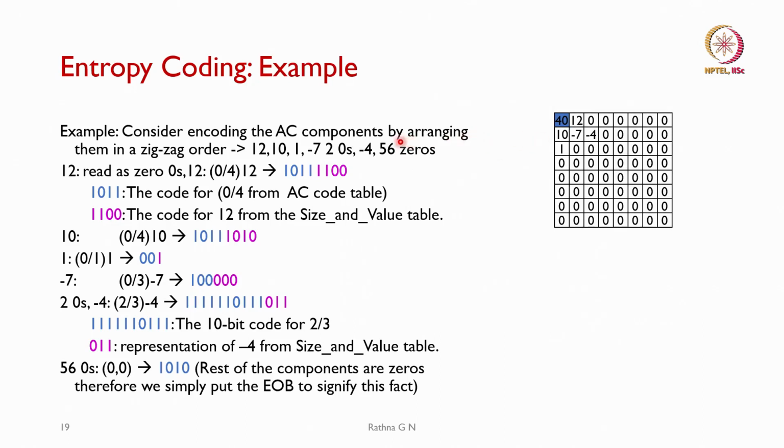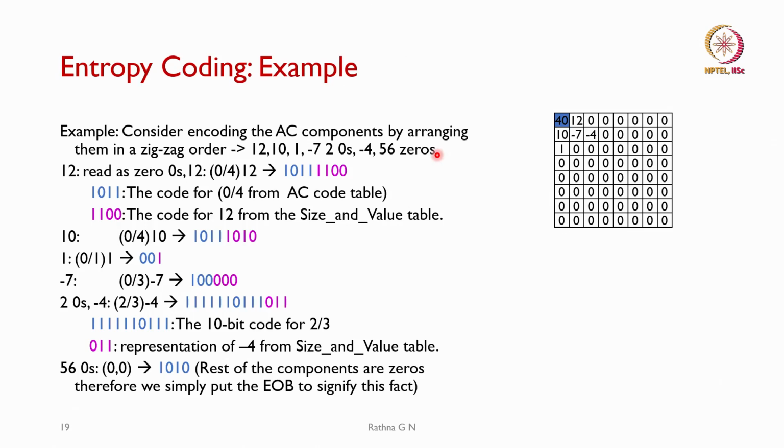Okay. So, this is how you would do the entropy coding; the example is shown here. As you see, only these few coefficients have values, the rest of them are zeros. In zigzag order it is 12, 10, 1, minus 7, 2, and then zeros, then minus 4, after which you send 56 zeros.